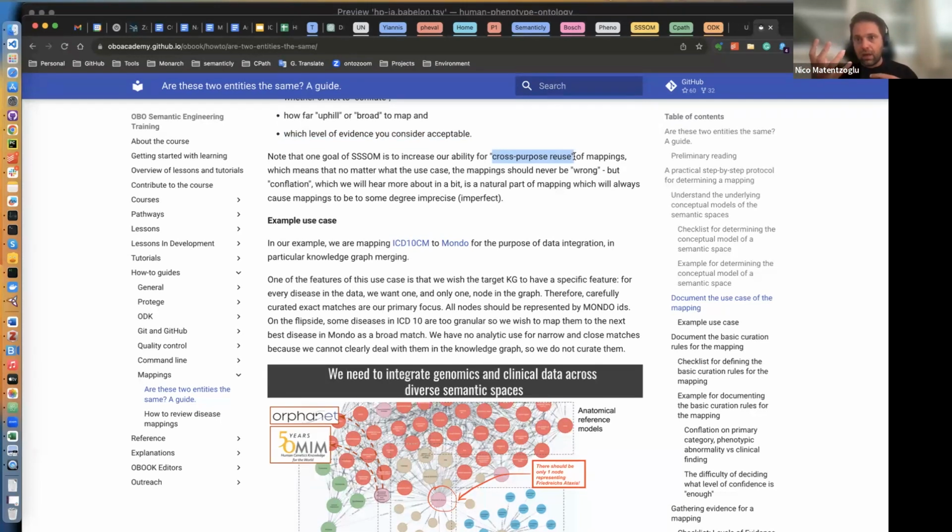So, for example, if we say in our use case, okay, we mostly rely on exact matches on the label, we don't really care about all these fancy full expert reviews of mappings that identify tiny distinctions between concepts, then we can document that clearly and say that all our mappings are associated with a lexical matching score.